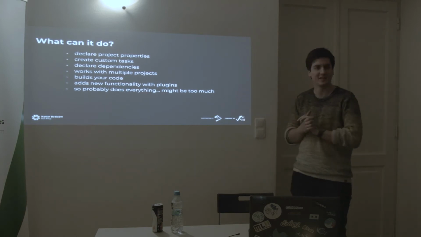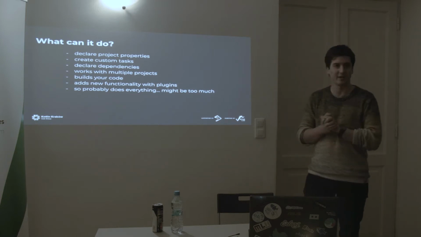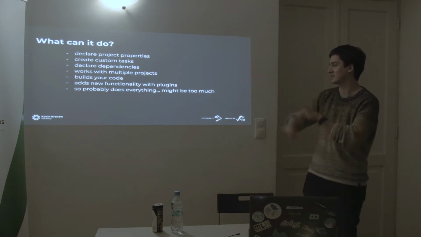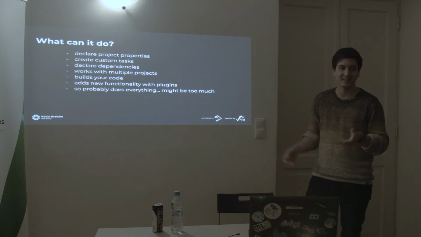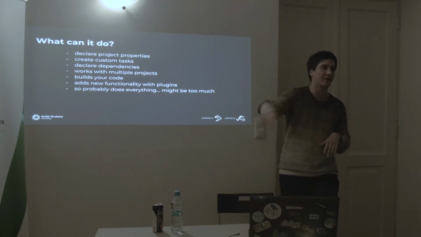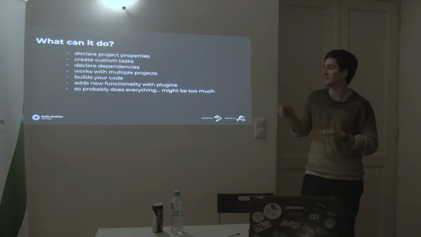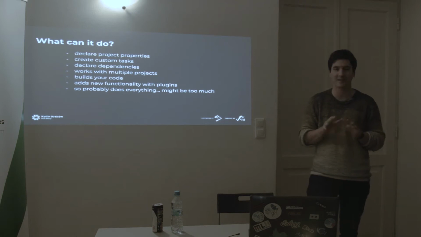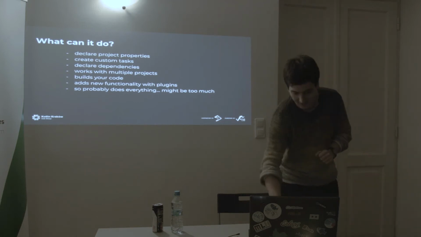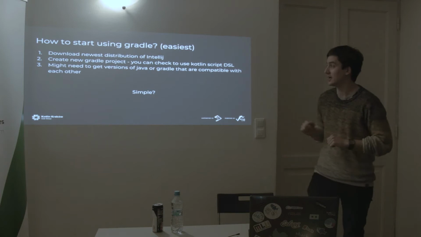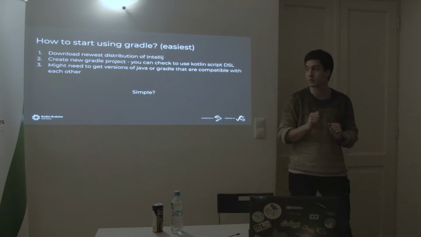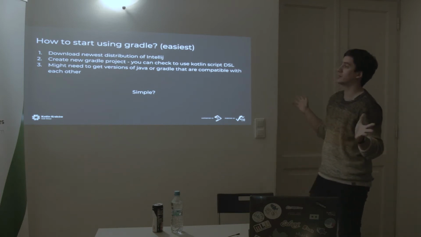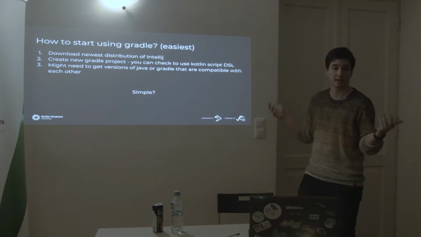So that's quite a lot. It builds your code, adds new functionality. So yeah, if John were here, he would probably smirk at it and say that's a bit too much maybe. But it's actually now pretty easy to start using Gradle in IntelliJ, for example.